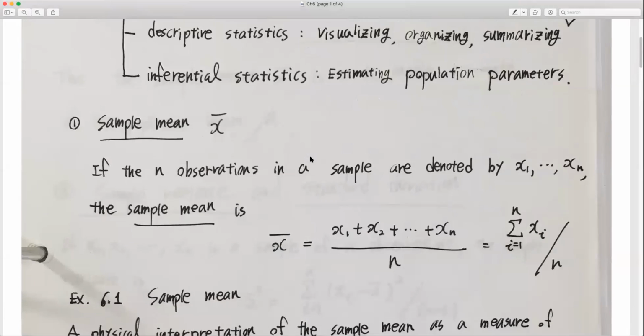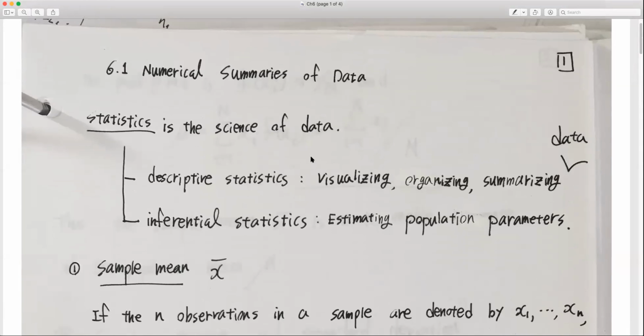In chapter 6, I'm going to cover just 6.1. Chapter 6 is about descriptive statistics. Statistics consists of two parts, descriptive statistics and inferential statistics, or statistical inference.